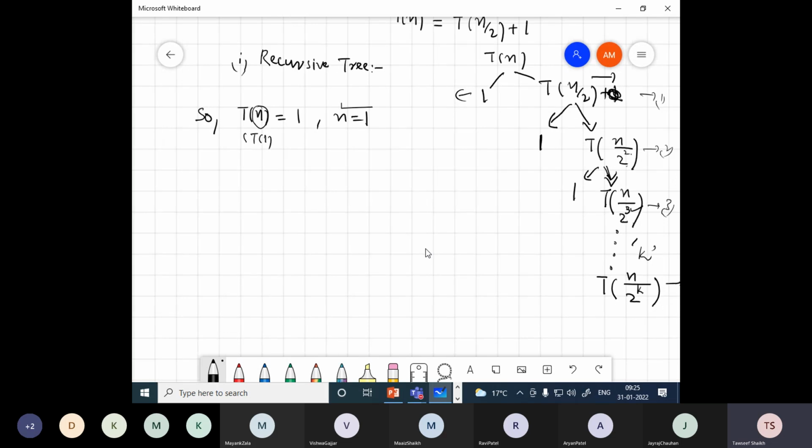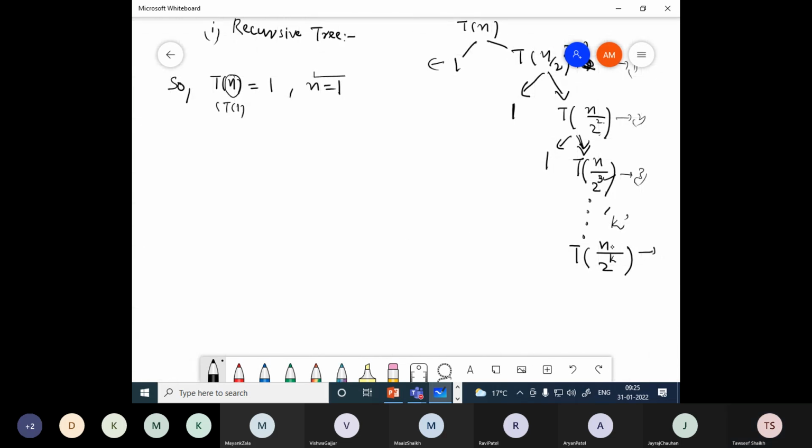Now for the kth iteration, if I want it equal to t of 1, I have to make it equal to t of 1. So what does it mean? I have to substitute n divided by 2 to the power k equal to 1. So it can also be written as n is equal to 2 to the power k.